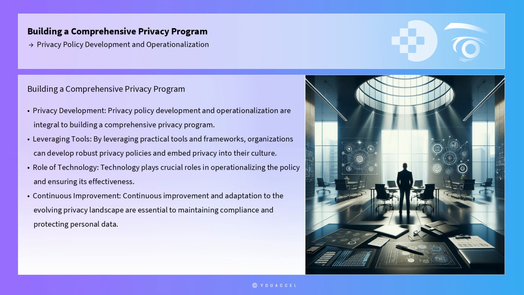Training, monitoring, incident response planning, stakeholder engagement, and technology play crucial roles in operationalizing the policy and ensuring its effectiveness. Continuous improvement and adaptation to the evolving privacy landscape are essential to maintaining compliance and protecting personal data. Through these strategies, organizations can address real-world challenges and enhance their proficiency in privacy policy development and operationalization.